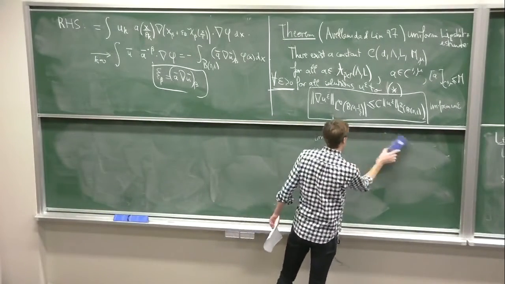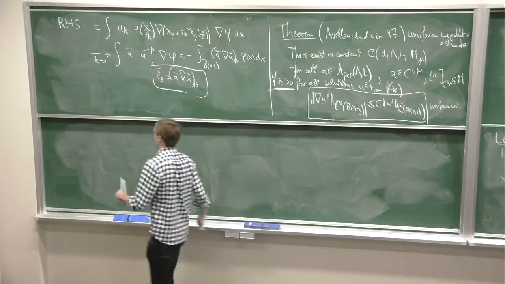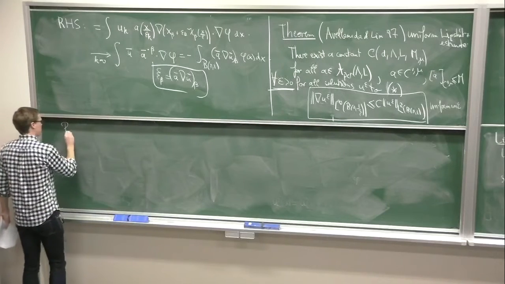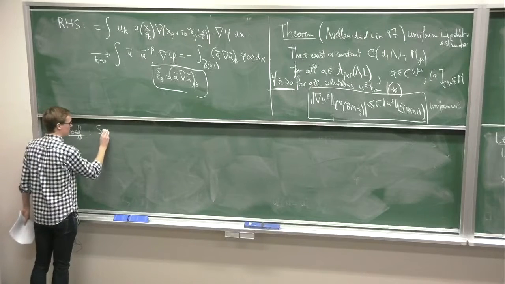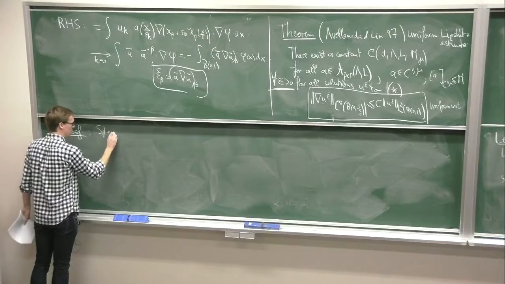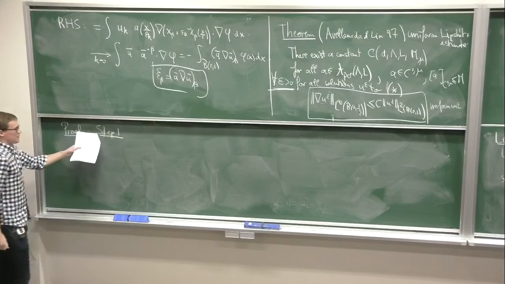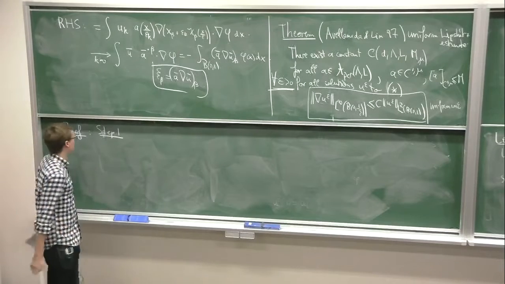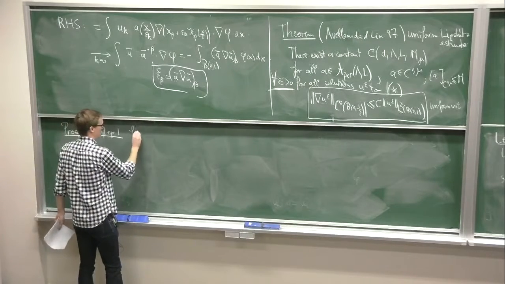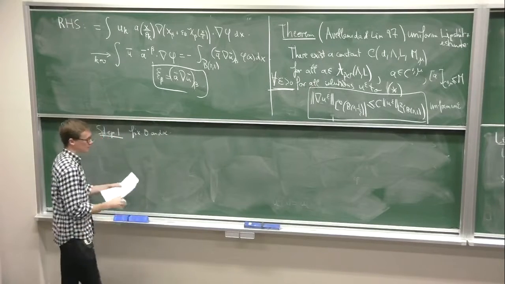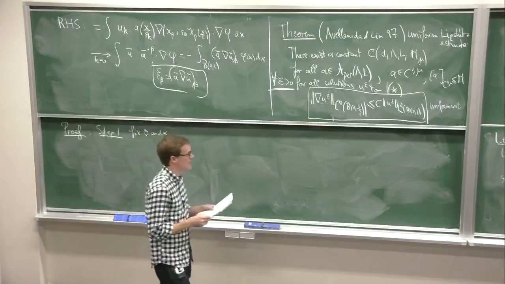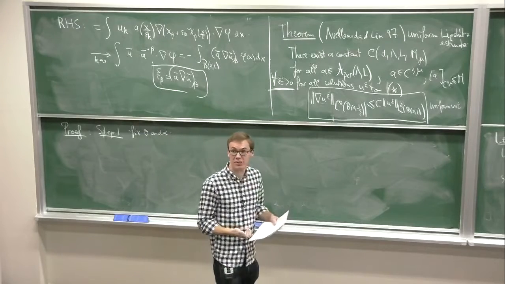Maybe I can erase the equation. So the first step in the proof is to fix theta and alpha. To fix theta and alpha, you need to look at the limit equation.